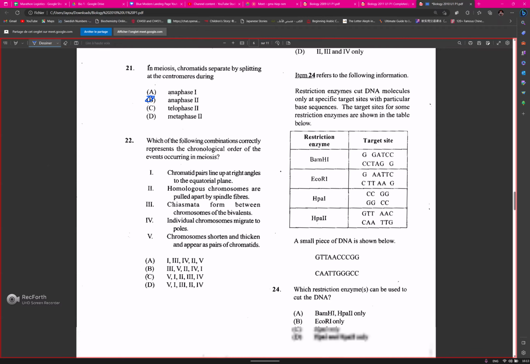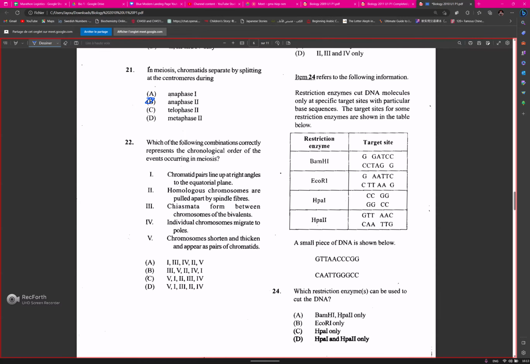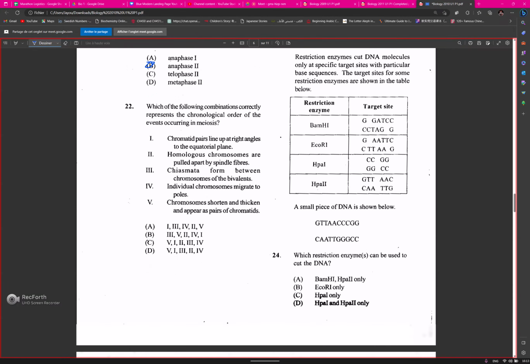Right? 22. Which of the following combinations correctly represents the chronological order of events occurring in meiosis? So chromatids pair, no. Homologous chromosomes are pulled, no. Chiasmata form between, alright, that sounds cool. Individual, no. Chromosomes shorten and thicken to appear. So I would think that's 5 first.